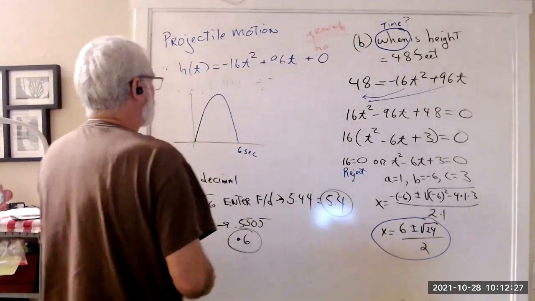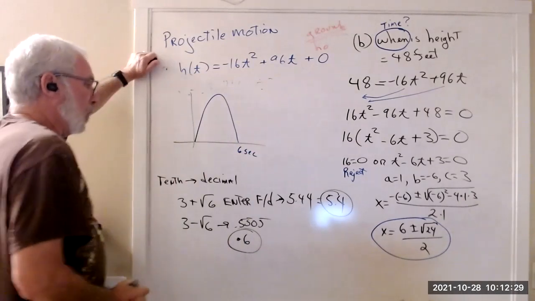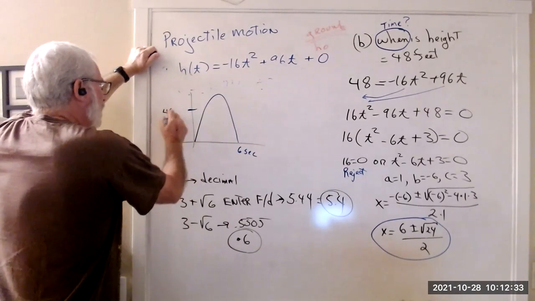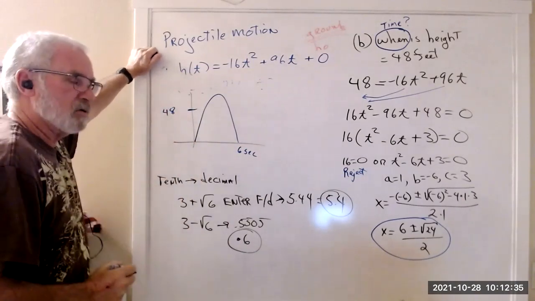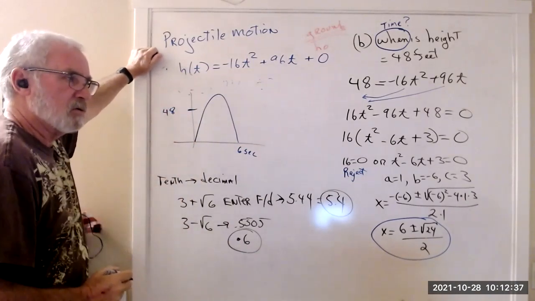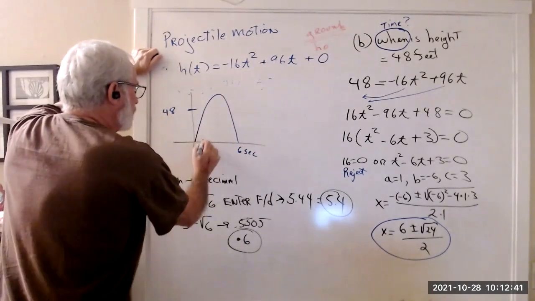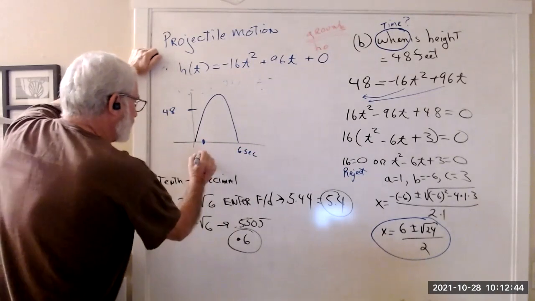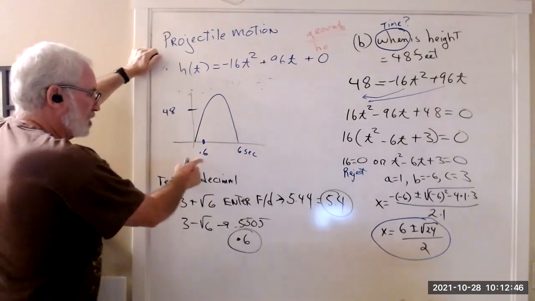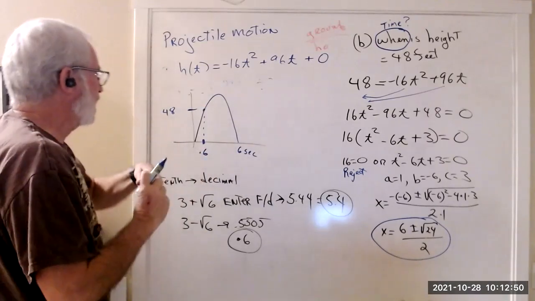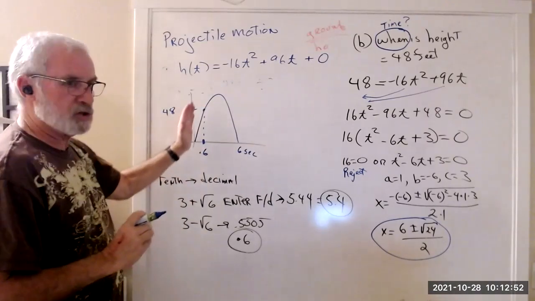What this is saying is somewhere the height is 48 feet. So what we've just figured out is at 0.6 seconds, the height was 48 feet and the object was still going up.